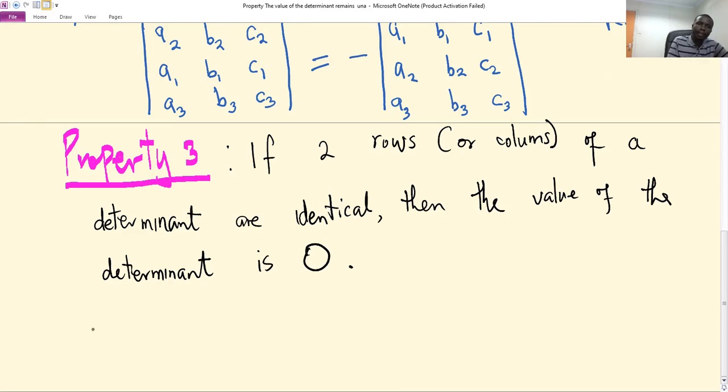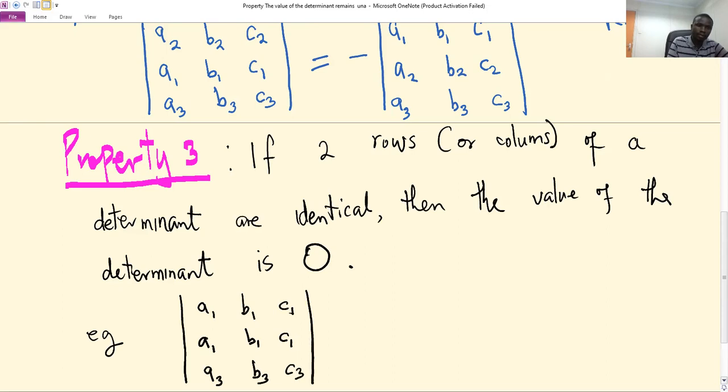So e.g., the determinant of this matrix A1, B1, C1, A1, B1, C1, A3, B3, C3 is 0.